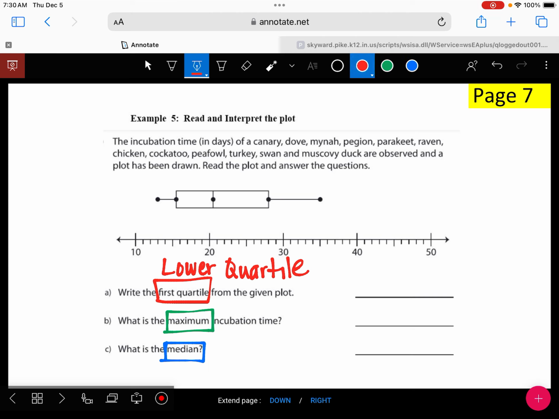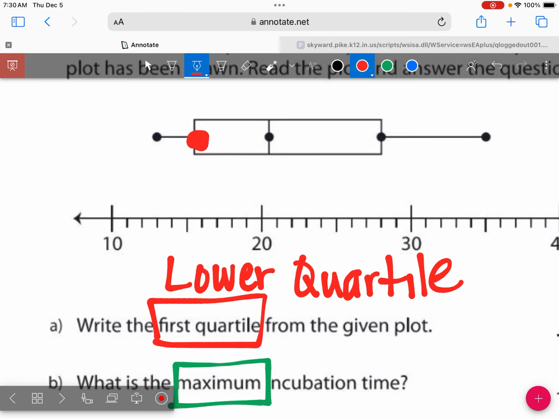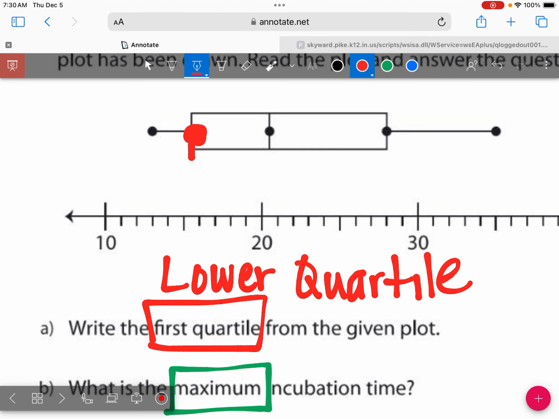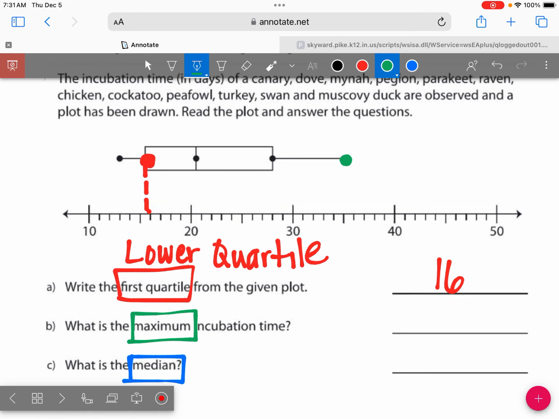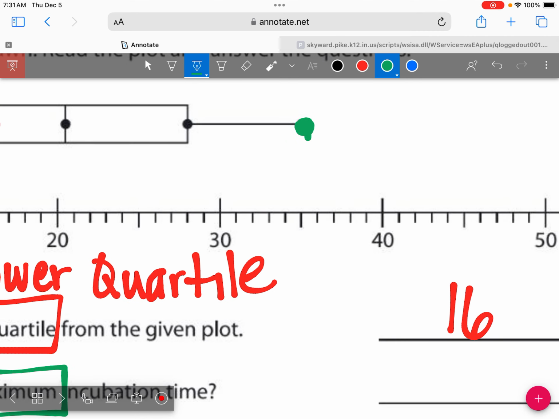All right, so your lower quartile would be here. So let me see, what number do you think that is? What did you all put? 16? Anybody else put 15 or 16? 15 or 16 would be okay. The maximum, that's way on the edge.